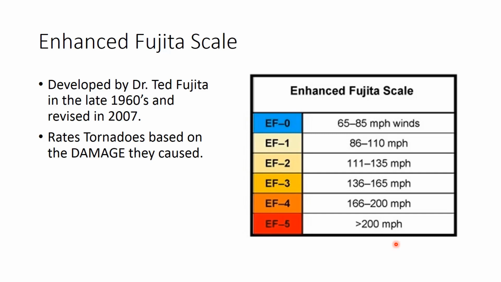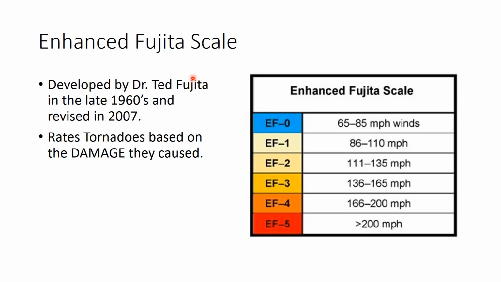In order to be able to categorize each of these individual types of tornadoes, a scale was created in the late 1960s called the Fujita scale. This scale reigned as the big scale that everybody used around the world for classifying tornado intensity until 2007.